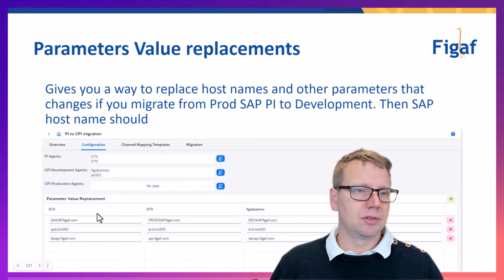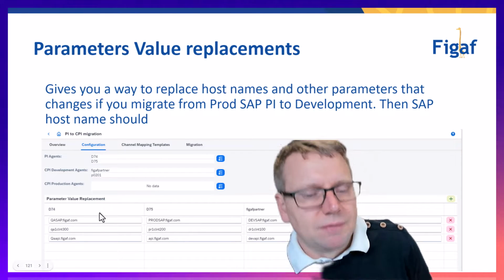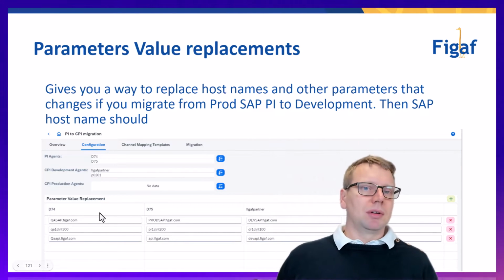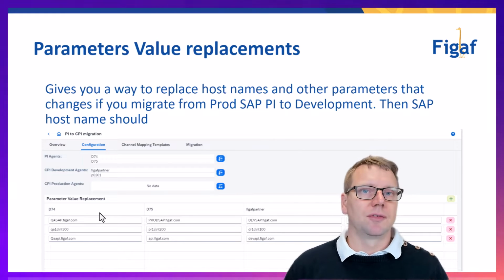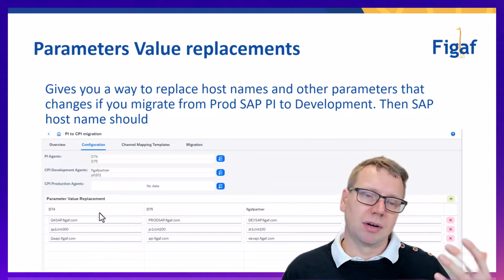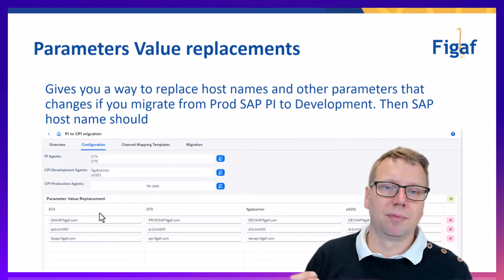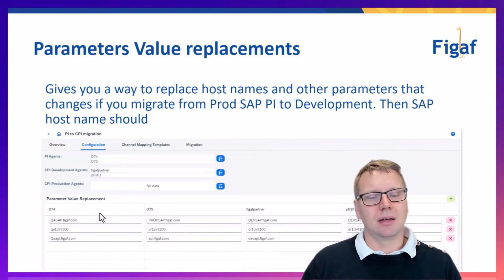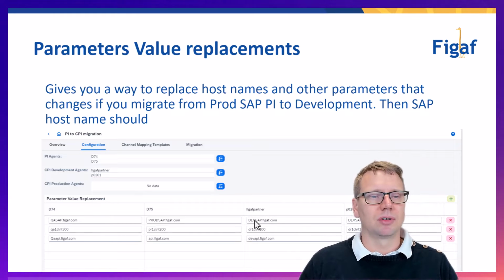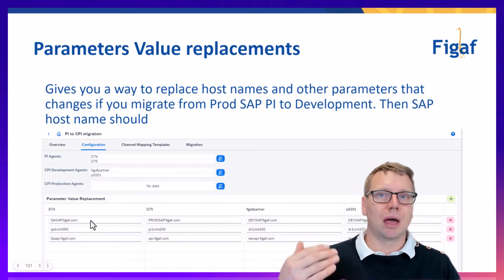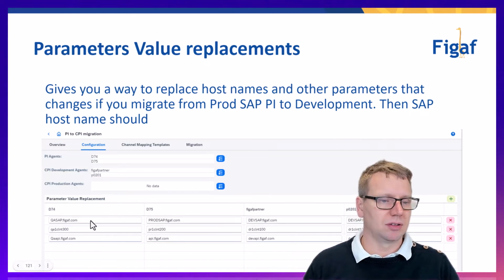We have also introduced this parameter replacement value. This is about if you are migrating, and I see a lot of customers that do not migrate from development or QA, but from production, and then they want to use the production value. So with this, we have search and replace of all the externalized parameters.